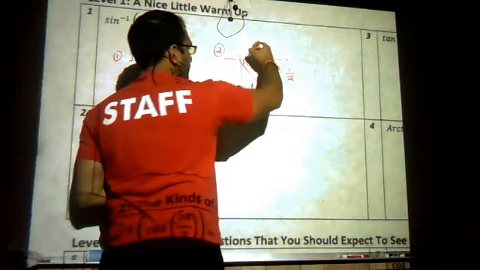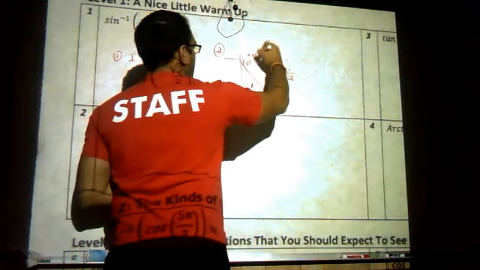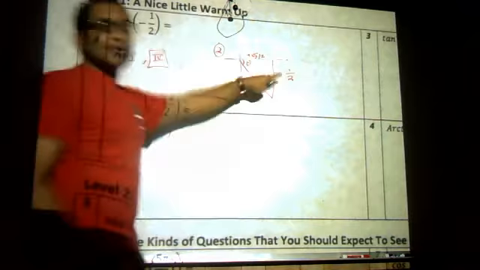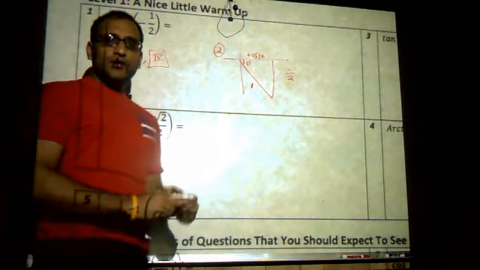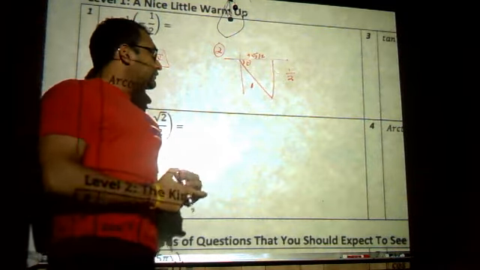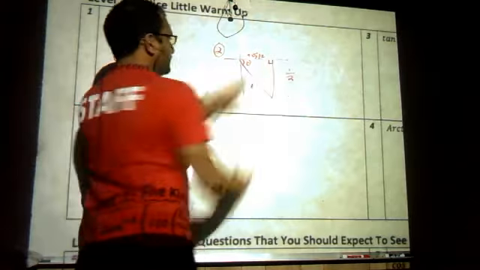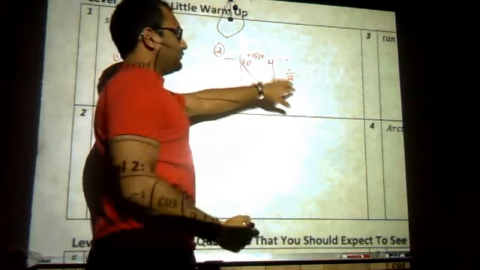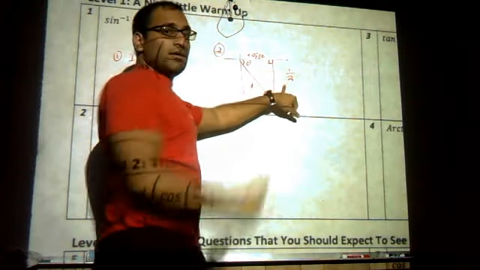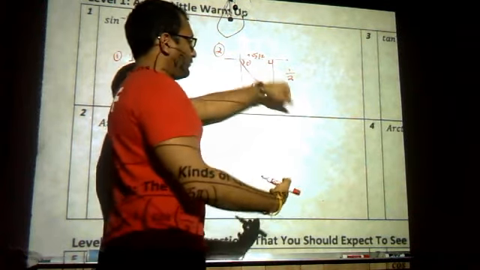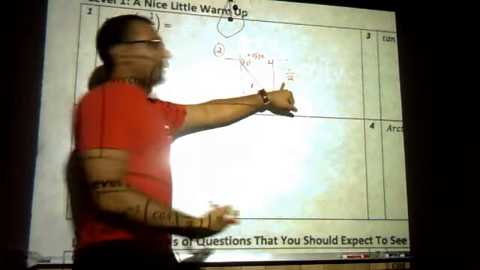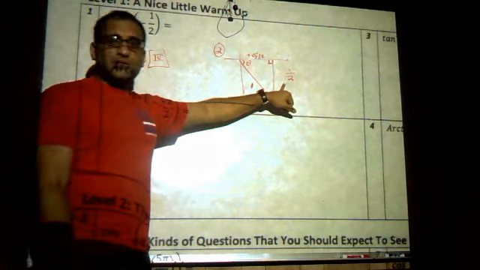What does my adjacent have to be? Positive square root of 3 over 2, because this has to be a 30, 60, 90 triangle, a special right triangle. What does my theta value have to be if the opposite is negative 1/2?